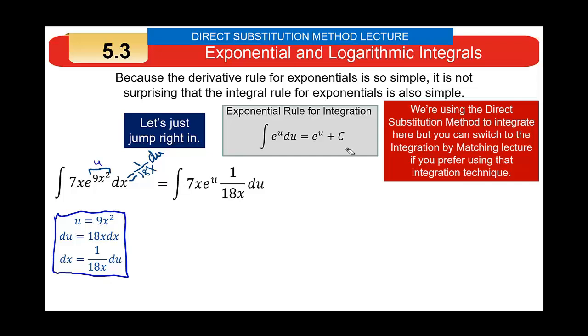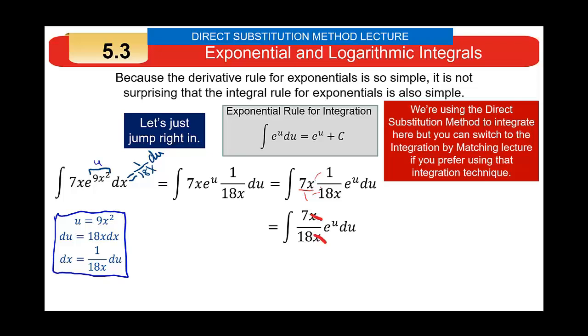Doing that, I'm just going to slide the 1/18x over next to the 7x because that's where all the action is. I notice that 7x is like 7x over 1, and when you multiply fractions, you do top times top, bottom times bottom, so that turns into 7x over 18x multiplied by e to the u du.